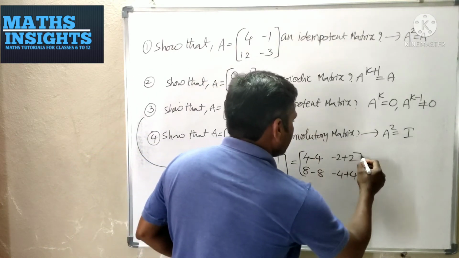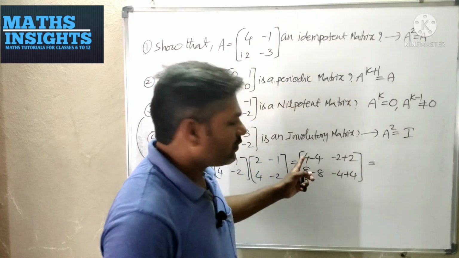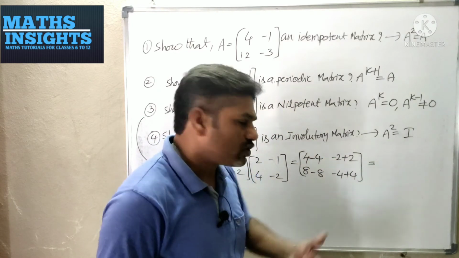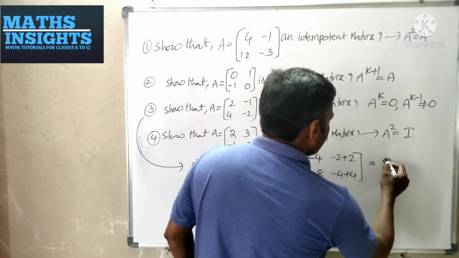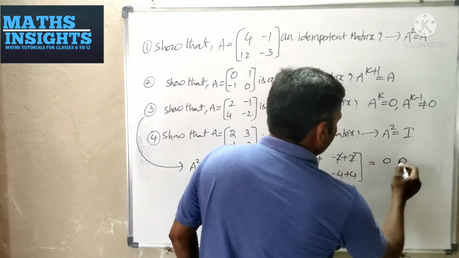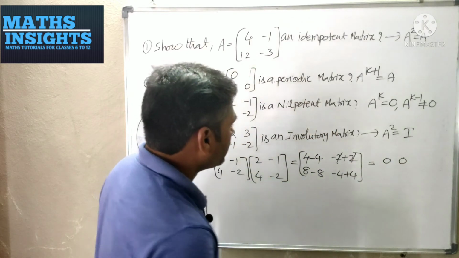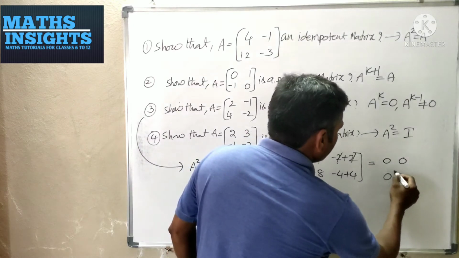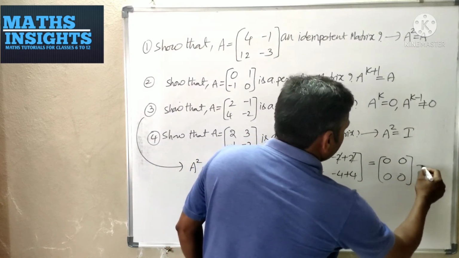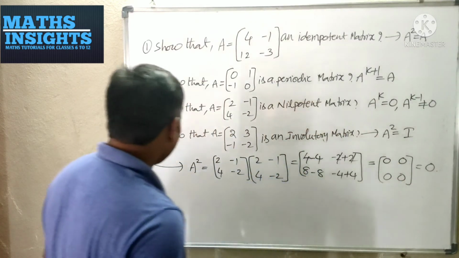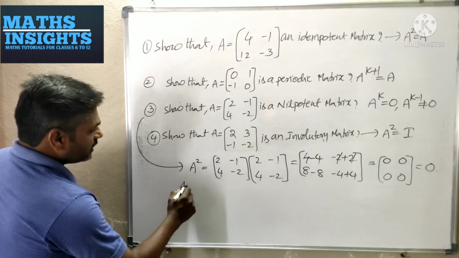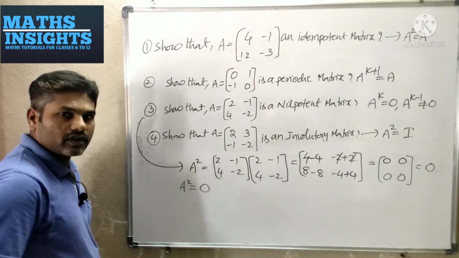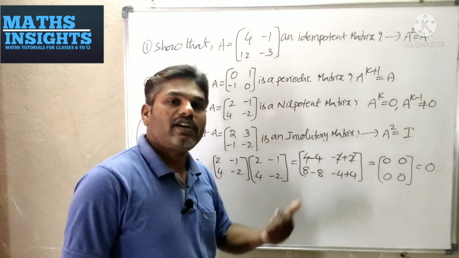Then if you see the elements, every element will become 0. 4 minus 4 is 0, plus 2 minus 2 cancels and gets 0. This is 0 and this is also 0. Therefore this is nothing but O. So in this case A square is equal to O, which means this is a nilpotent matrix.